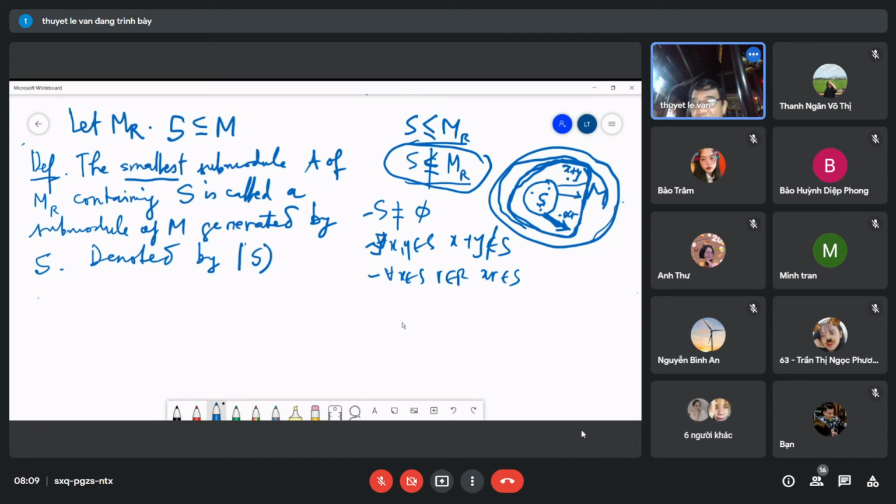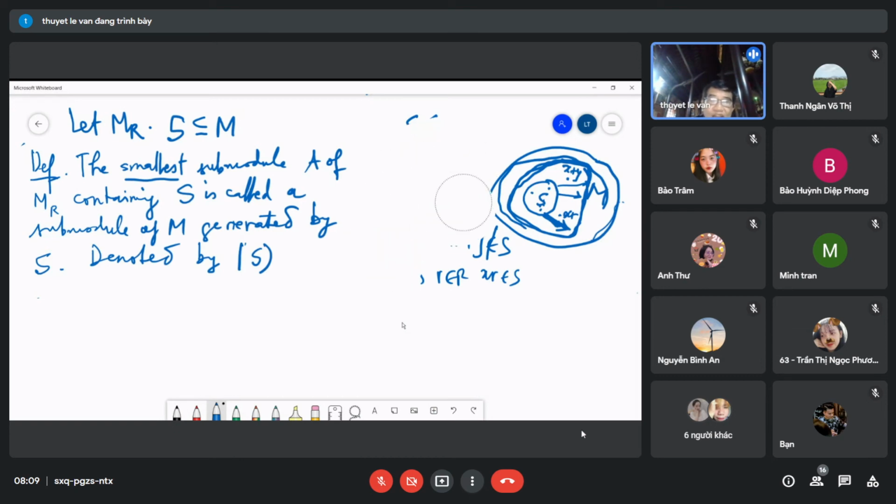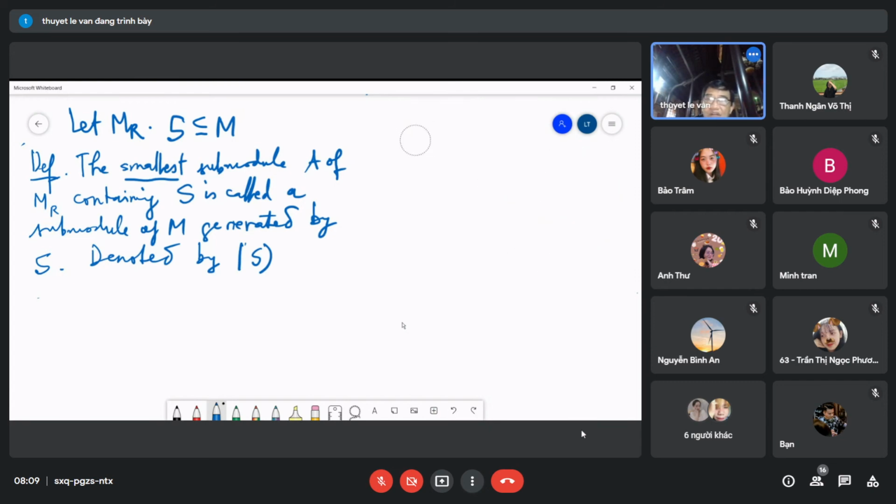You extend it to the smallest submodule, and that is called the submodule generated by S. And then you will have the proposition immediately: the submodule generated by S is equal to the intersection of all A, where A contains S and A is a submodule of M. You take the intersection of all submodules of M containing S, and you receive the submodule generated by S.